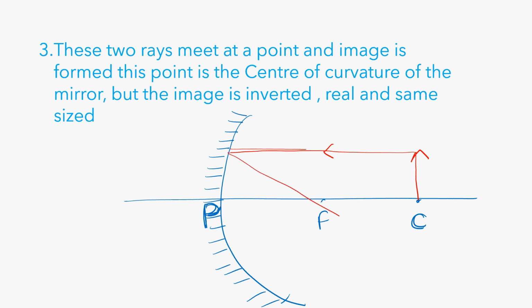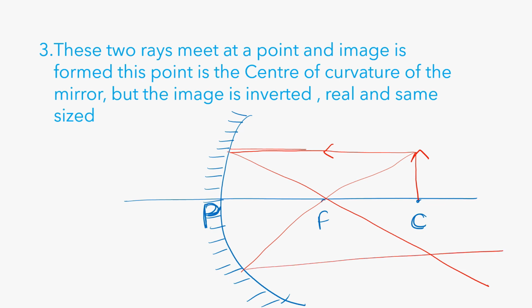After reflection, it is passing through focus, and another ray passing through the focus. This is the another ray which is passing through the focus and it is parallel to the principal axis after reflection.